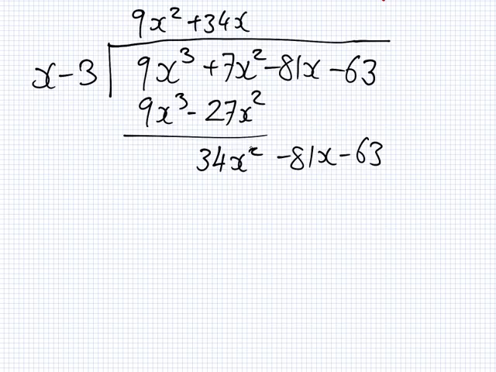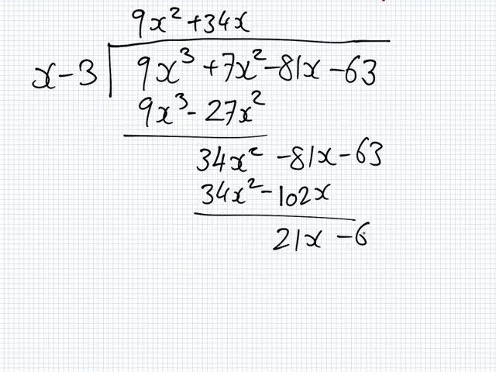So now I have 34x squared minus 102x. I subtract, I'm left with 21x minus 63. 21x minus 63. 0 then.